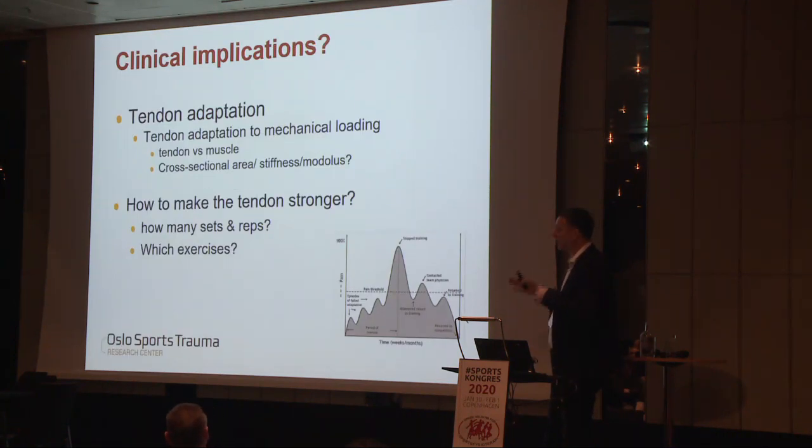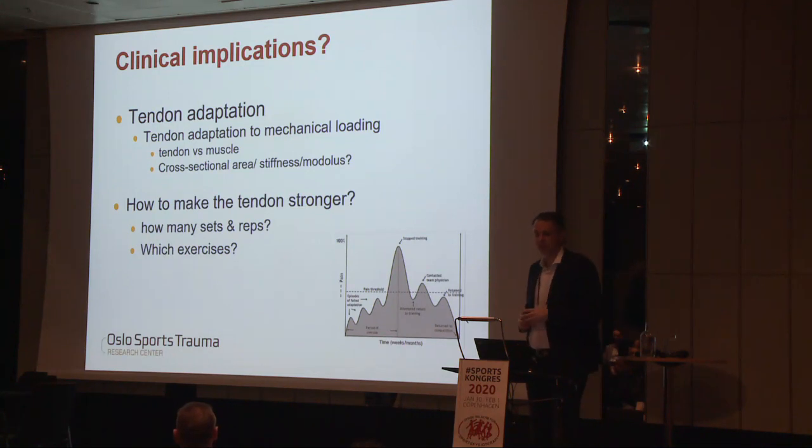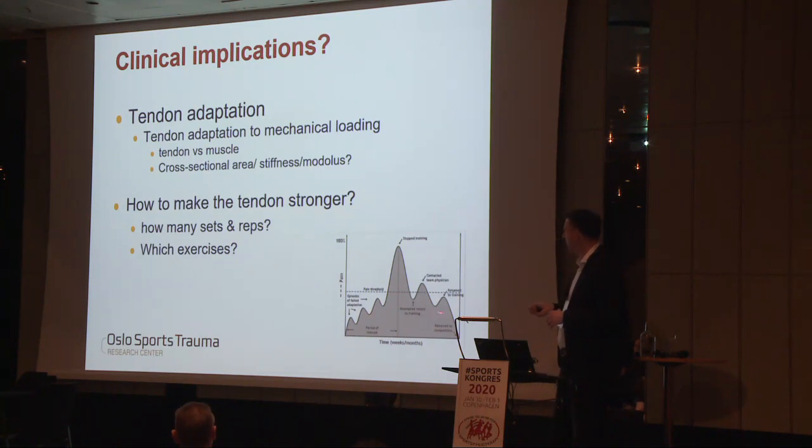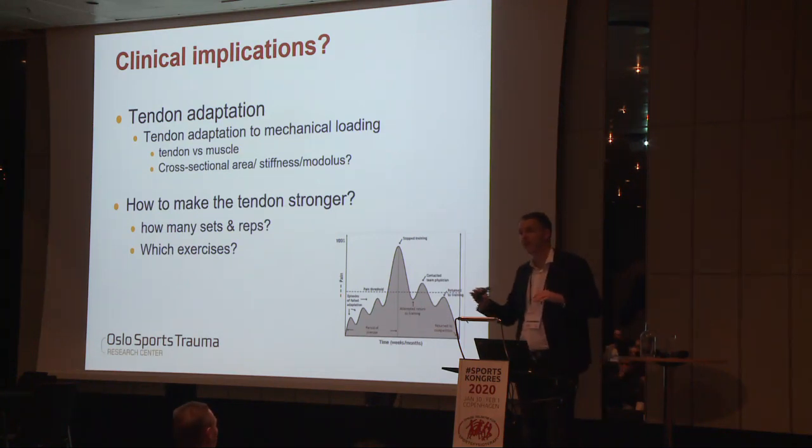So we have the clinical picture here: you have the adaptation to the mechanical loading, you have the tendon and the muscles. And this is one way of describing what happens, and you are in the phase here. And the threshold, for sure, is different from athlete to athlete. And every week I struggle, and you know that for sure, that patients are really different.